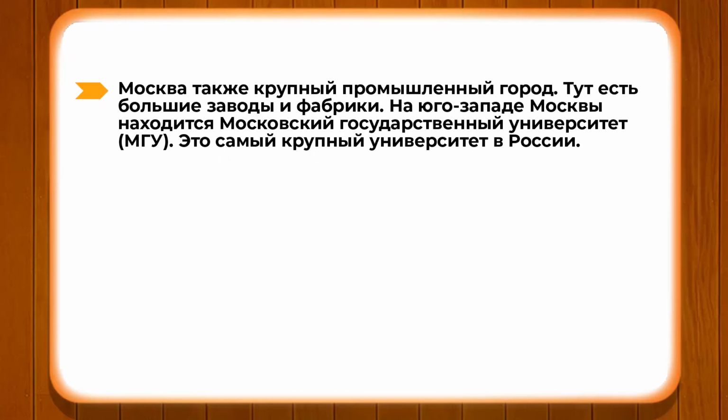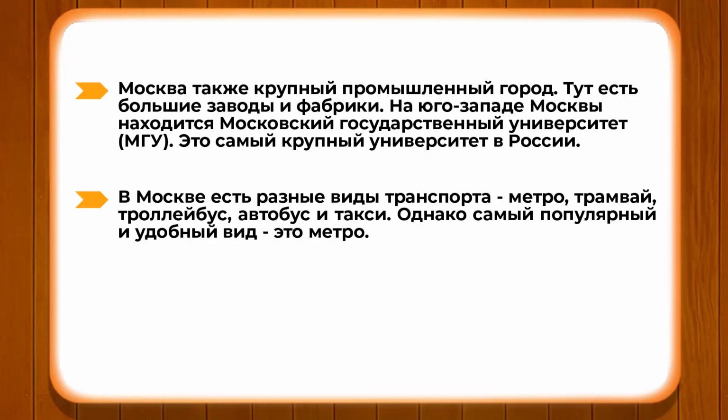Москва также крупный промышленный город. Тут есть большие заводы и фабрики. На юго-западе Москвы находится Московский государственный университет МГУ. Это самый крупный университет в России. В Москве есть разные виды транспорта: метро, трамвай, троллейбус, автобус и такси.